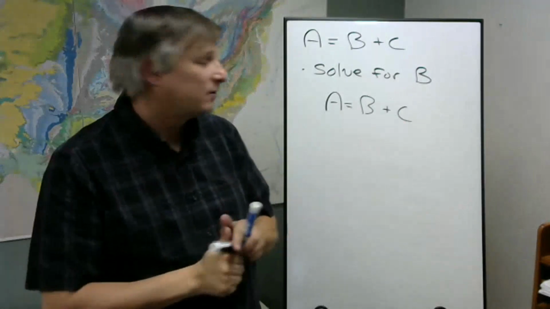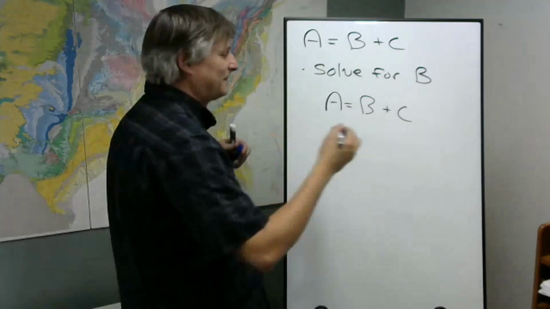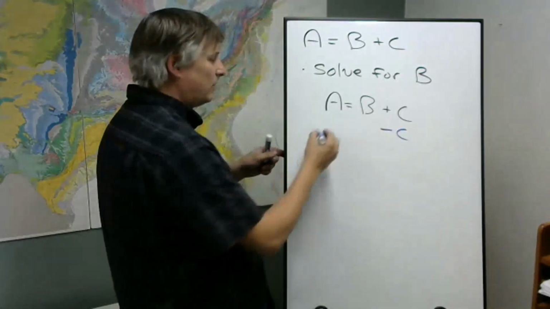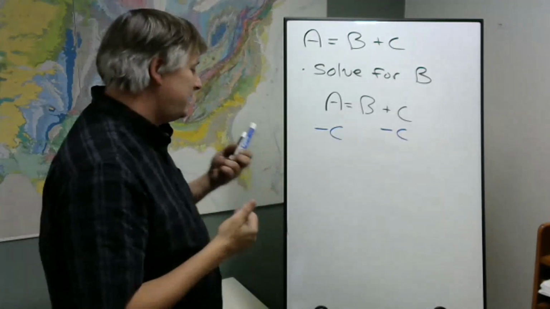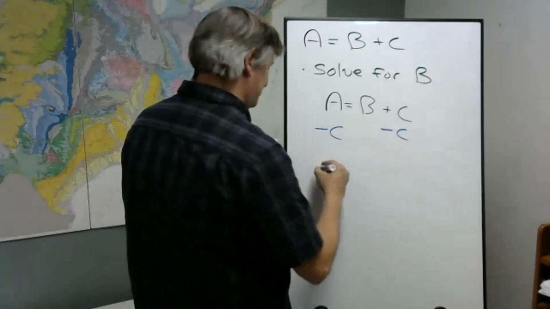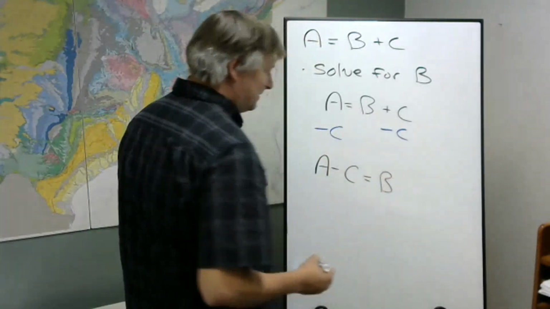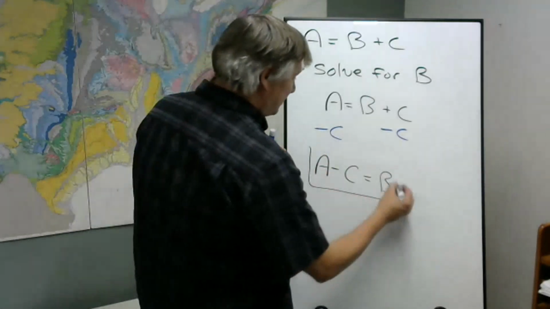We want to get b by itself. I've got a c over here, so let's move this c, so we can cancel it by subtracting. But what we do to one side, we have to do to the other. Now, we can't do anything with a minus c other than just write a minus c. And this is the best we can do. So that's going to be our answer.